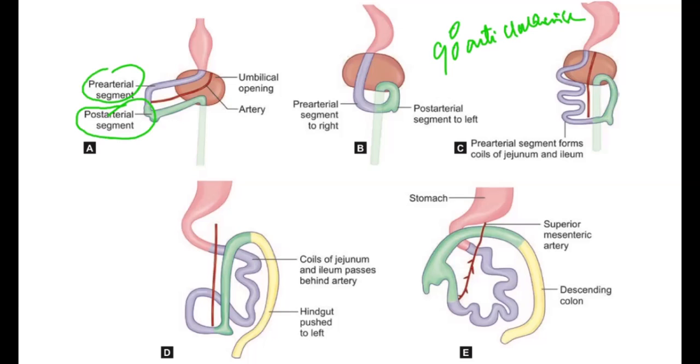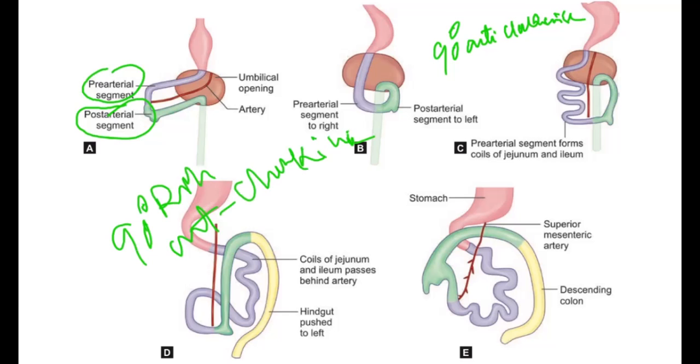First, a 90-degree rotation anti-clockwise, okay. So by that it becomes sagittal, right? After that it again rotates 90 degrees anti-clockwise, okay. So by that it becomes horizontal, okay.